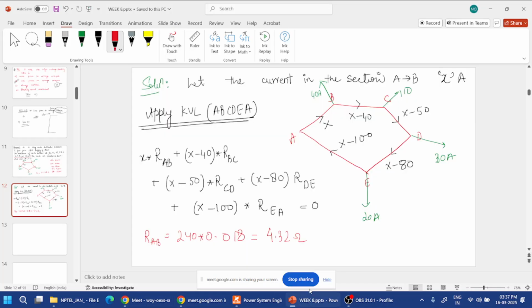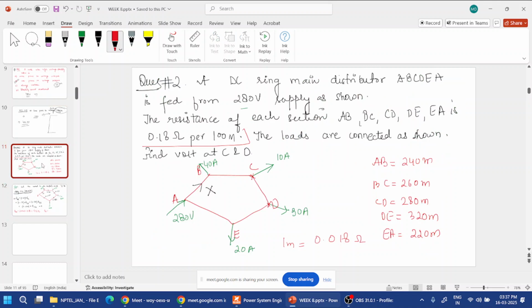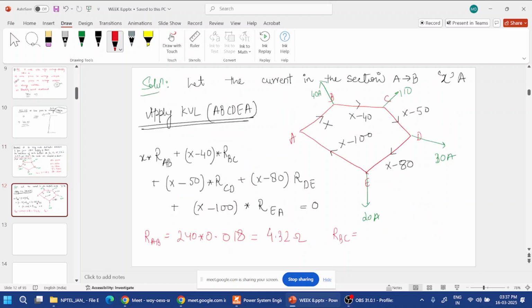Okay, so now solve it for RBC. When you get the solution to this from NPTEL, their value will change because in that solution they have taken a different thing. That's not an issue, it's just a calculation thing.